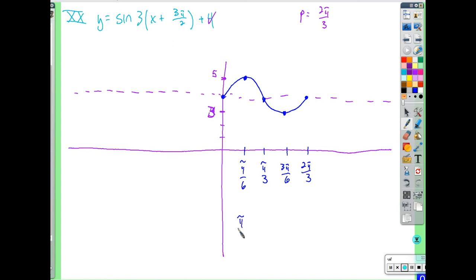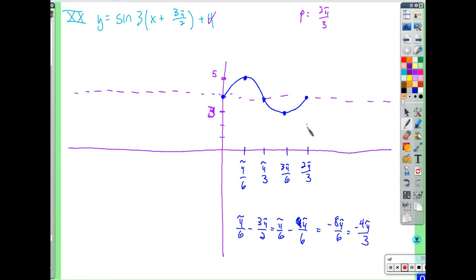So pi over 6 minus 3 pi over 2. That's pi over 6, getting a common denominator here, minus 9 pi over 6. That's negative 8 pi over 6. That's negative 4 pi over 3.